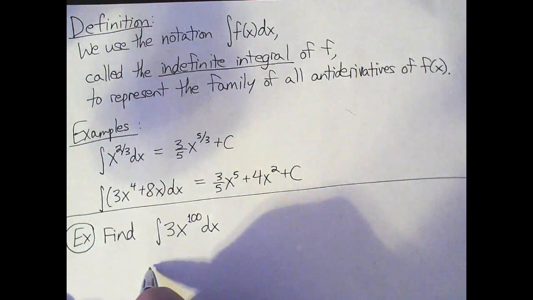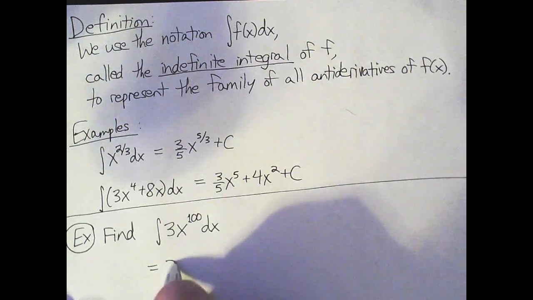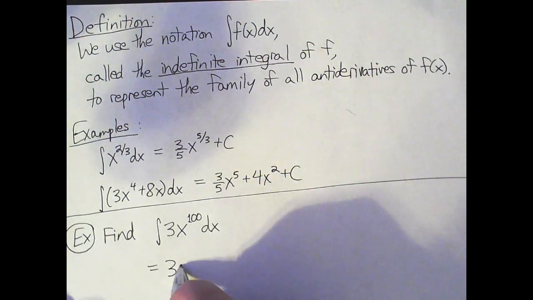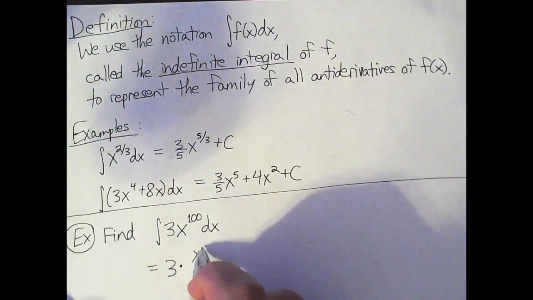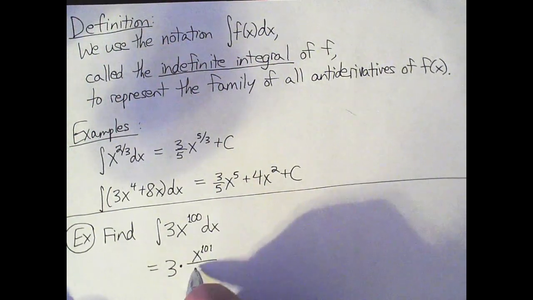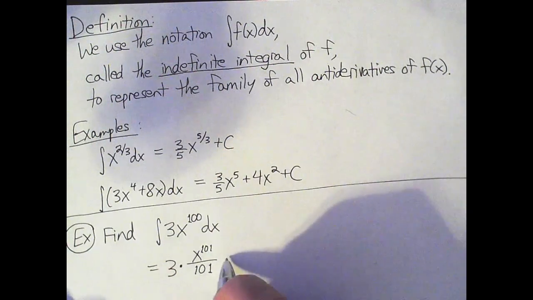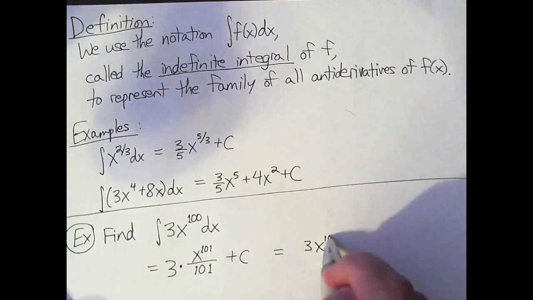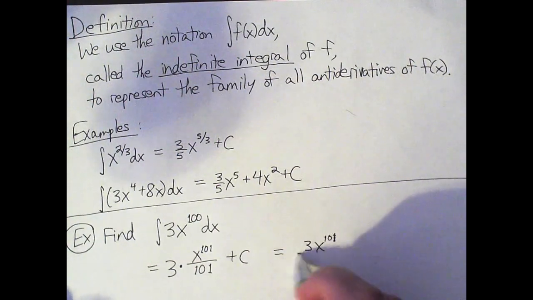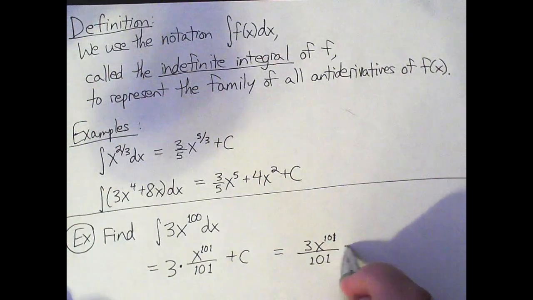All right, so what you should find is 3 times x to the 101 divided by 101 plus c. I guess we could write this as 3x to the 101 over 101.